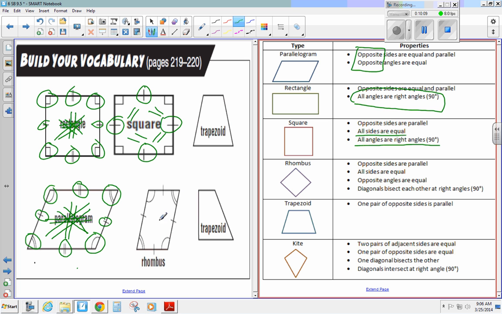It's basically a square that's been angled over a little bit. Trapezoid: any quadrilateral where one pair of opposite sides is parallel is a trapezoid. That's why right here, this is parallel with that, this is parallel with that. And a kite, I don't think we have to worry about. So these are some very important things to know.